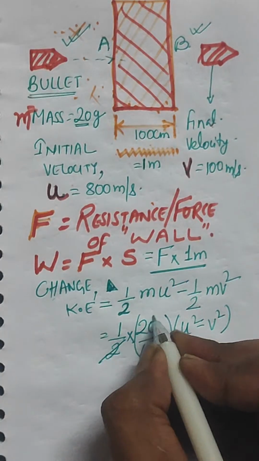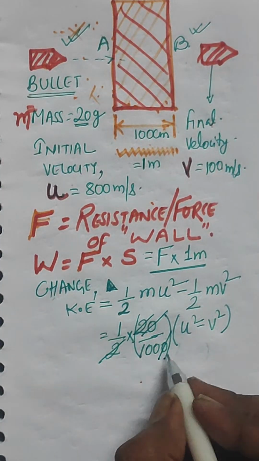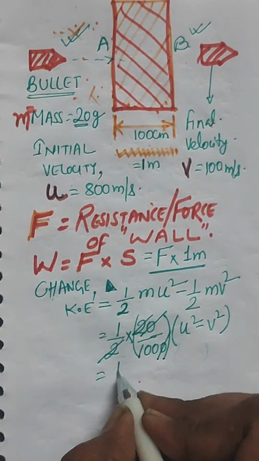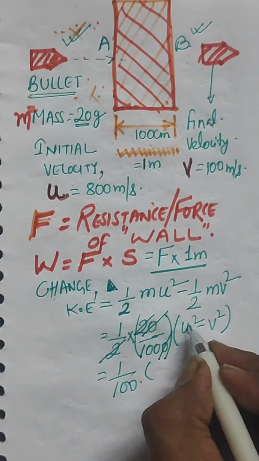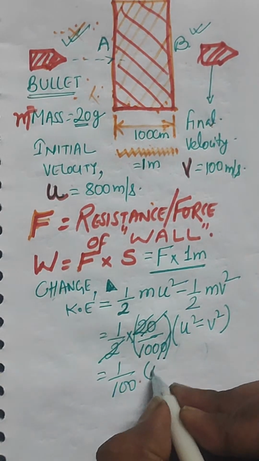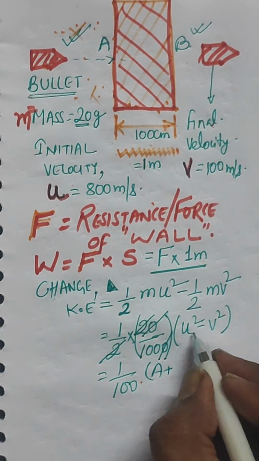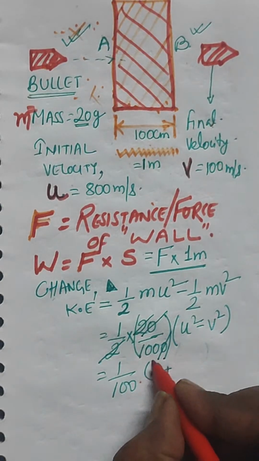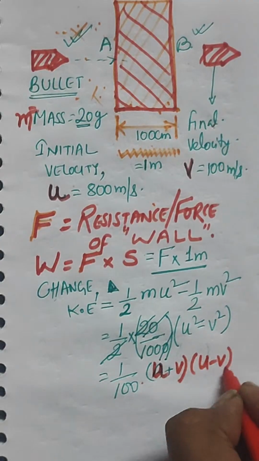You can see this 2 cancelled out, 10 will be cancelled out with this 1000 in the denominator, and we have 1 by 100 and u square minus v square. So just remember the formula a square minus b square is a plus b and a minus b. So instead of a plus b, it will be basically u plus v and u minus v, right?